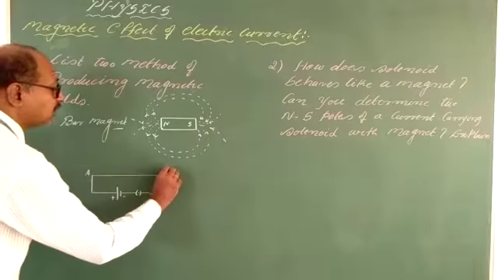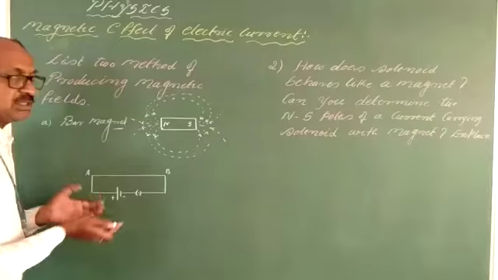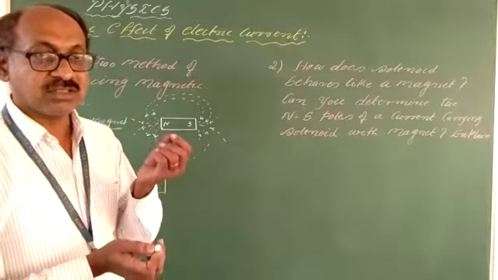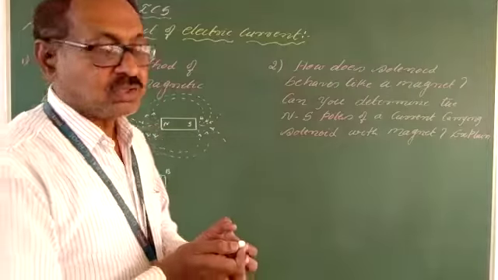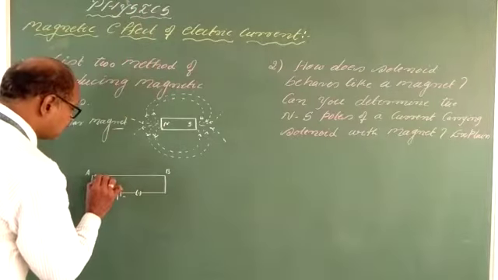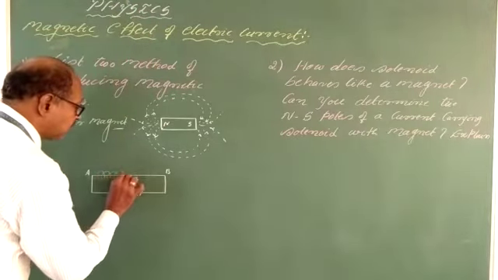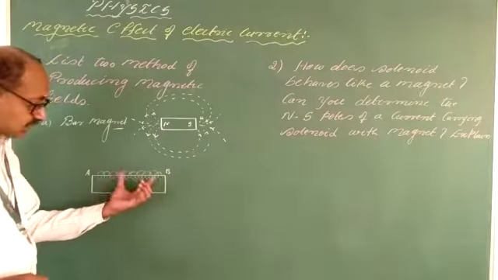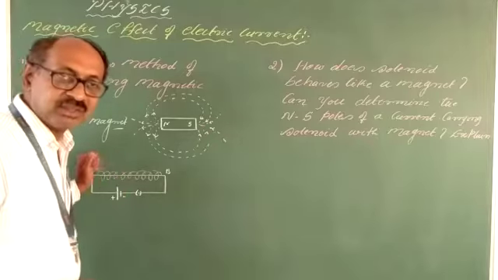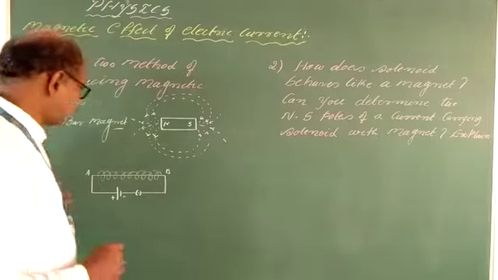I will mention A, B as a straight conductor, a straight wire we can say. Around this there must be a magnetic field. There is the presence of a magnetic field.